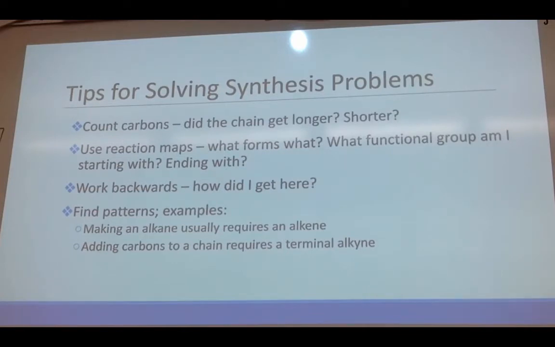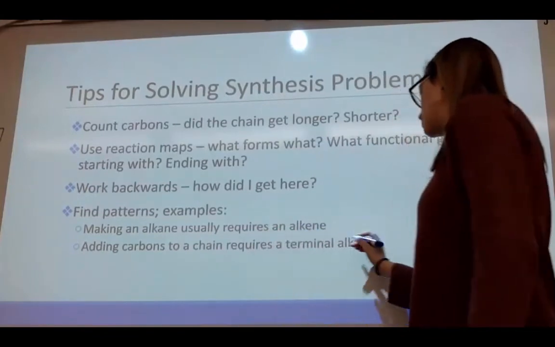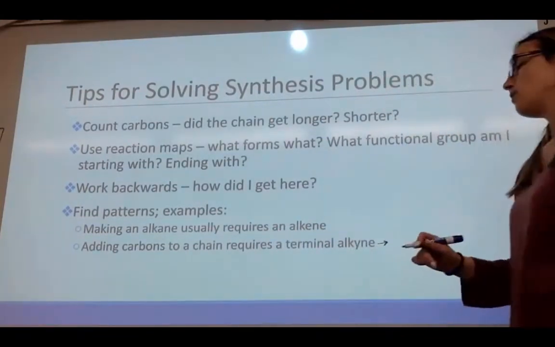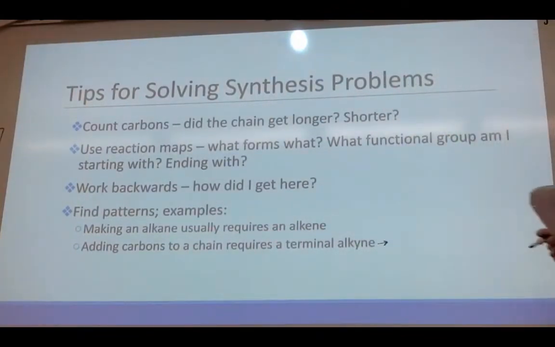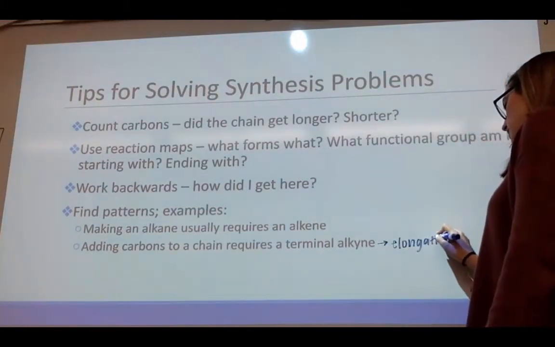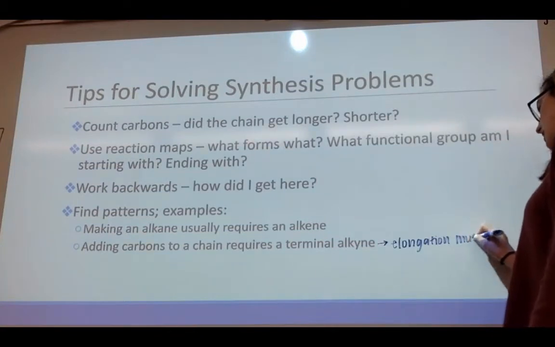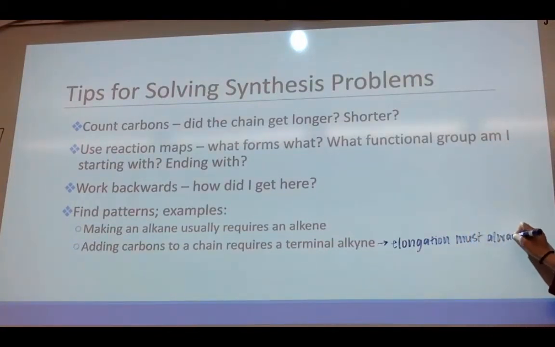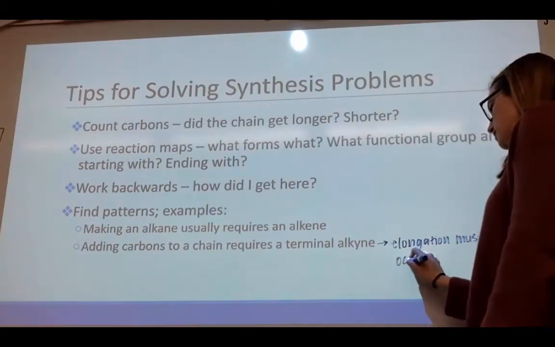Now, something to keep in mind: if you need to add carbons to a chain, that's chain elongation. Elongation must always happen first. So chain elongation must always occur first.